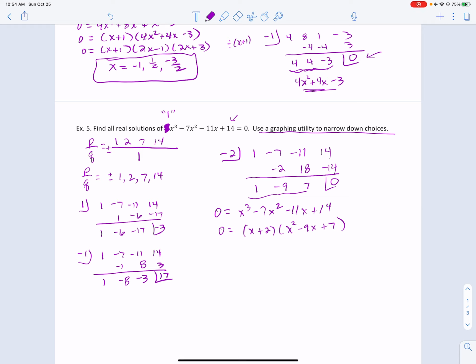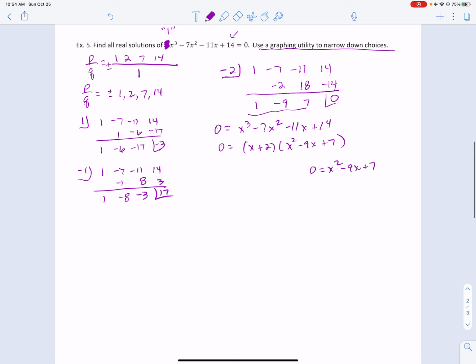And so then to solve for where this is 0, we've got that x is -2 is one of them, but this x squared minus 9x plus 7 does not factor. And when it doesn't factor, that means it didn't give me rational roots. They're irrational. So I need to use the quadratic equation.